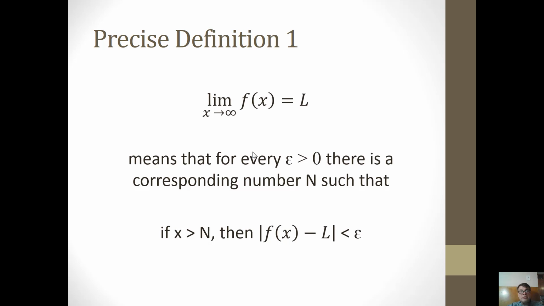We can make x as big as we want, and no matter how far we go, because we're going to infinity, right? x approaches infinity. No matter how big we make x, there's always going to be a little gap between the function and the limit.